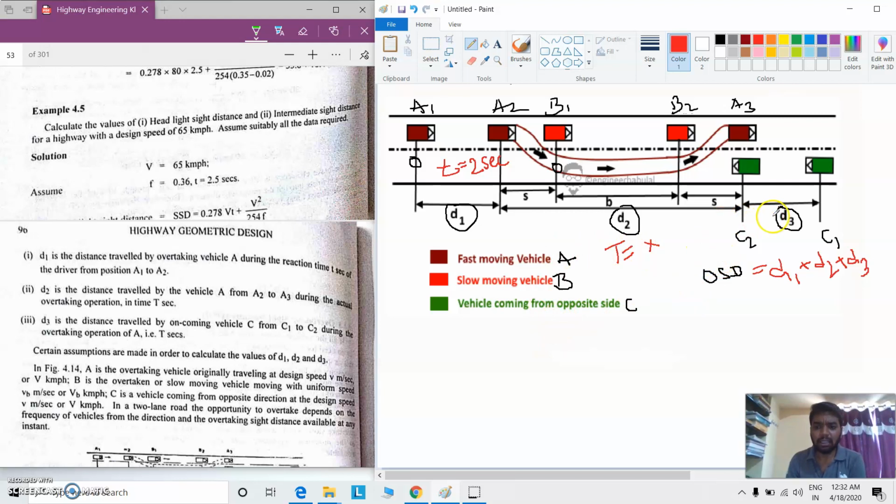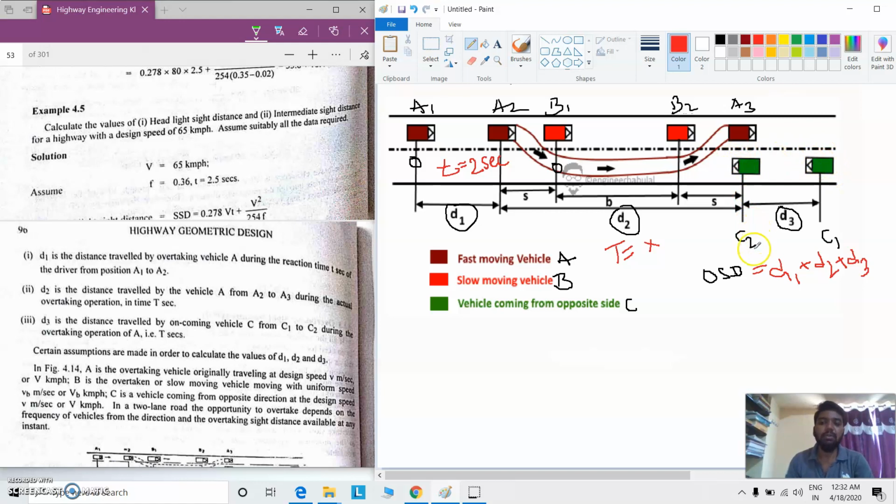And d3 is the distance traveled by the oncoming vehicle from position C1 to position C2 during the overtaking operation of vehicle A. Whenever vehicle A is overtaking vehicle B, there will be a time in which the opposing vehicle travels from position C1 to C2.